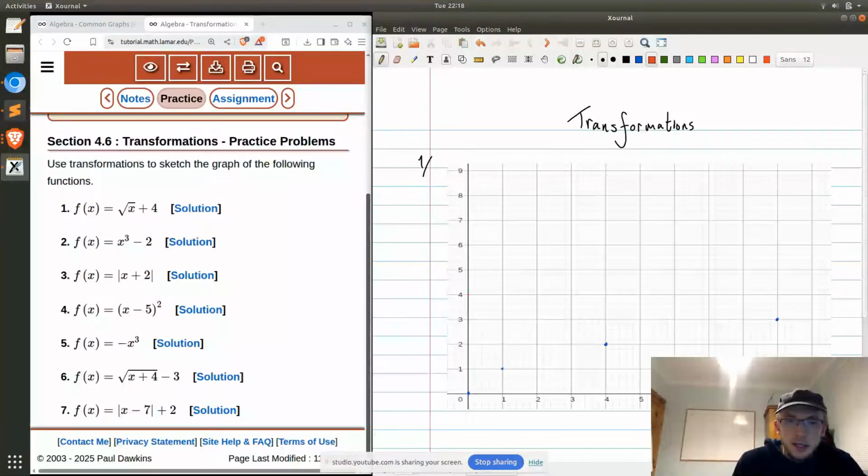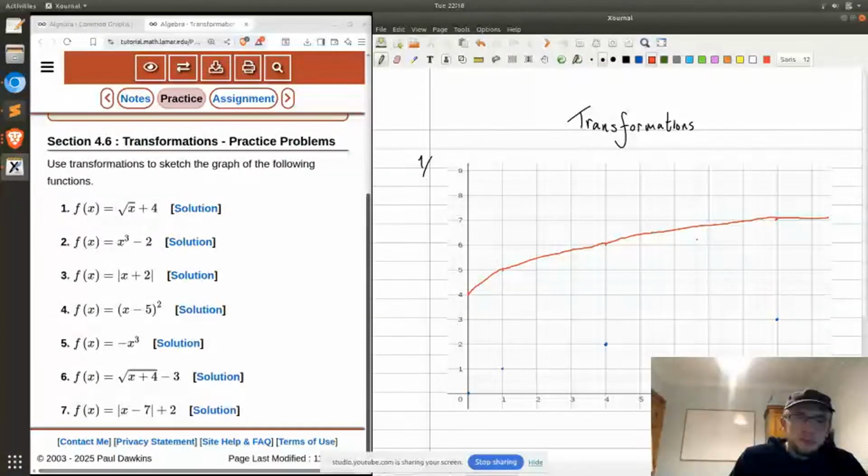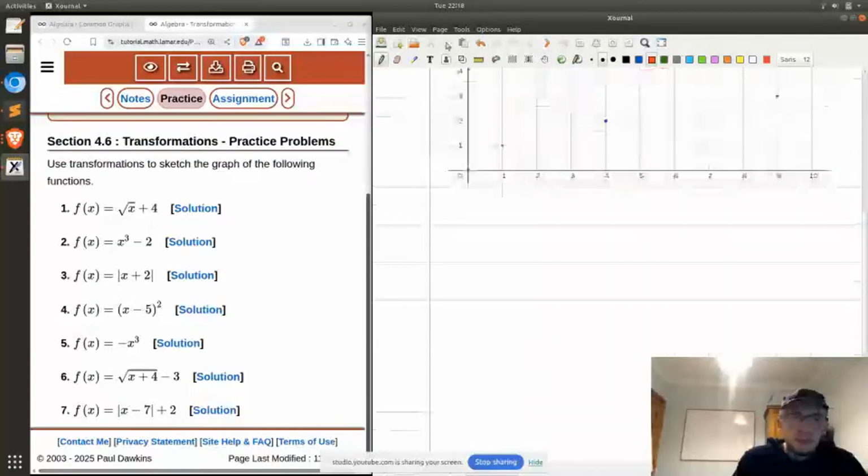This point will come up here, and this point will come up here, and this one here. A nice, smooth half of a parabola opening up towards the right. And that's the first function done.